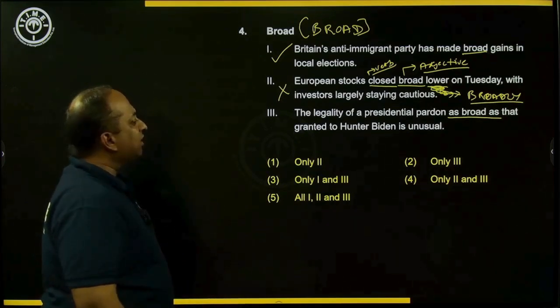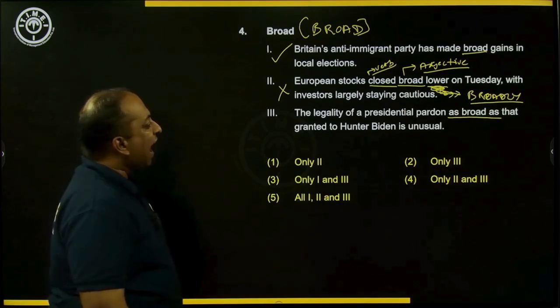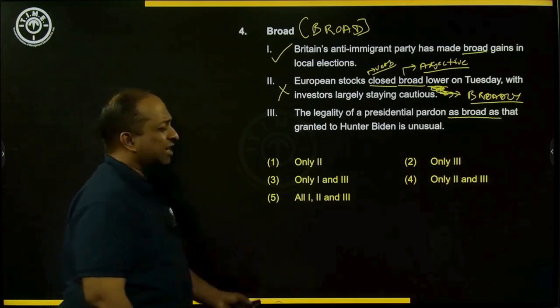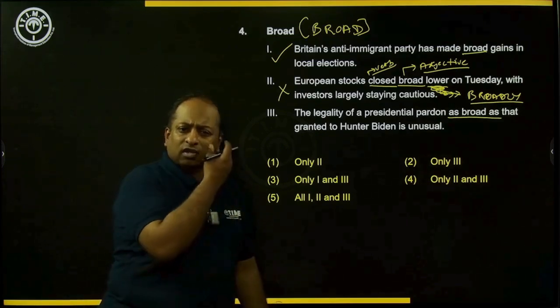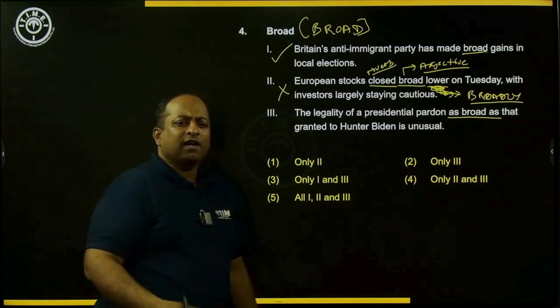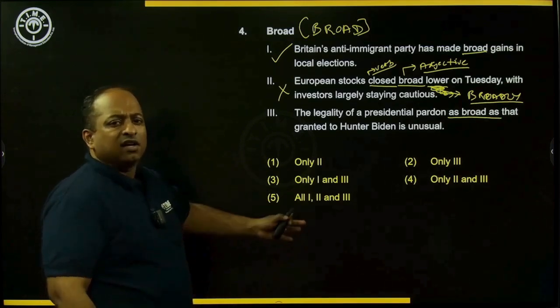Now let's look at the third statement. The legality of a presidential pardon as broad as that granted to Hunter Biden is unusual. Last year, before President Biden left his office, he pardoned his son Hunter Biden.